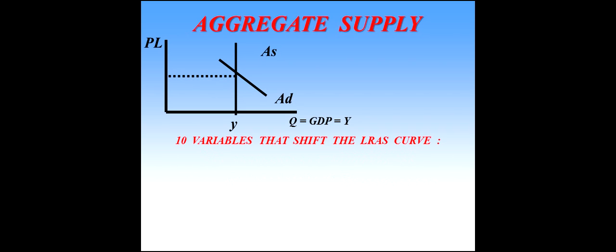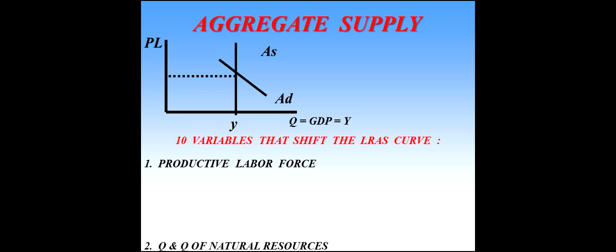Now, as I mentioned, it takes time to shift the long-run aggregate supply curve. However, it will shift over time, and there are 10 variables that will shift the curve. Let's take a quick look at them. The first is the productive labor force. Obviously, if you have a population increase and it increases the productive labor force, or for that matter, if you increase immigration and that contributes to the productive labor force, it will shift the curve to the right.